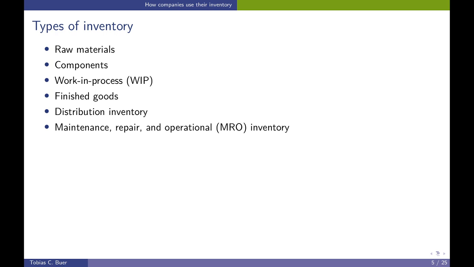The short term is MRO inventory, and these are things that we need for the manufacturing, for the production process. For example, to keep the machines up and running, to fix things with our machinery. But these MRO products, these items, are not part of the finished good.